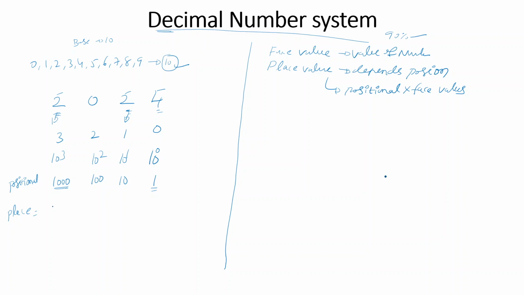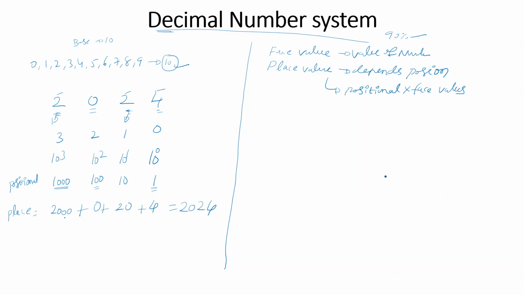2 into 1000 is 2000, and 100 into 0, where the face value is nil, gives 0. That is the reason the place value is 0, because face value times positional value is equal to place value. This 2 into 10, the tens place, is 20, and this 4 into 1 is 4. Now if you add all these, you get 2024.